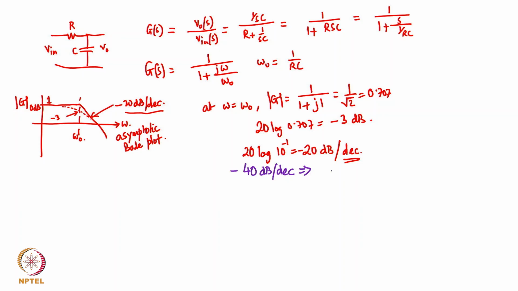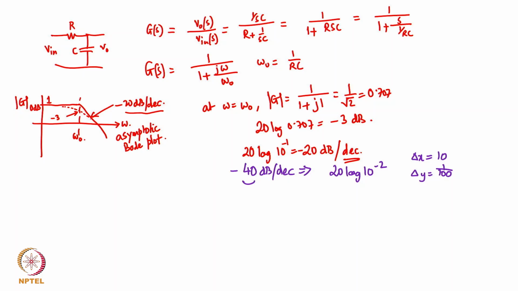That is minus 40 dB, because this is 20 log 10 to the power minus 2. So your delta x is 10 times and your delta y is 100 times. You are falling, so the minus comes because it is 0.01, 1 by 100. That means you are falling very fast.